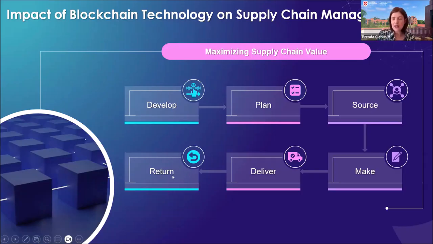And then the last one here, just about returns. If you had to do a product recall, or you had to take back a number of products for whatever reason, you have greater visibility of where those products have come from and where they have gone to. Certainly this has been one of the greatest things within the food industry, where you may have contaminated food and a product recall having to be done at short notice.